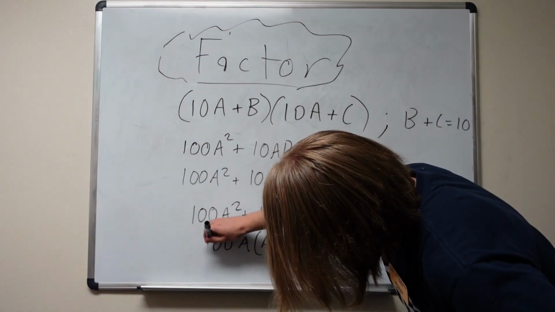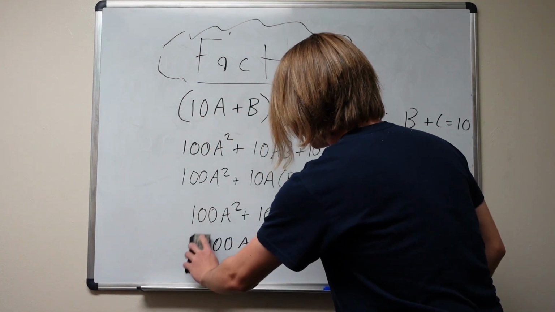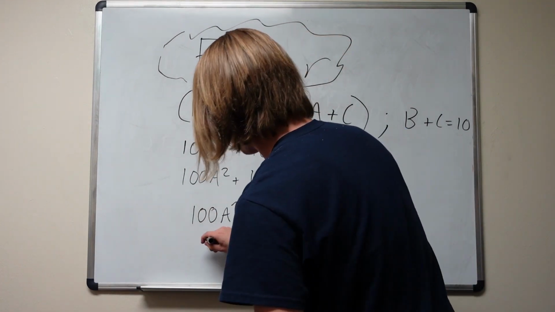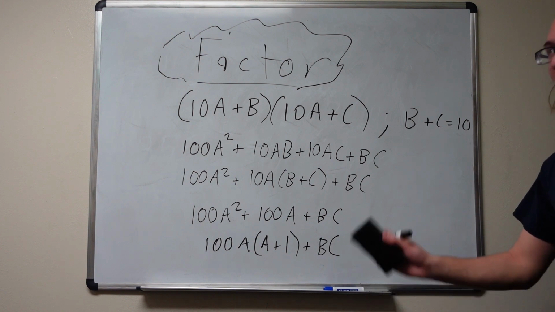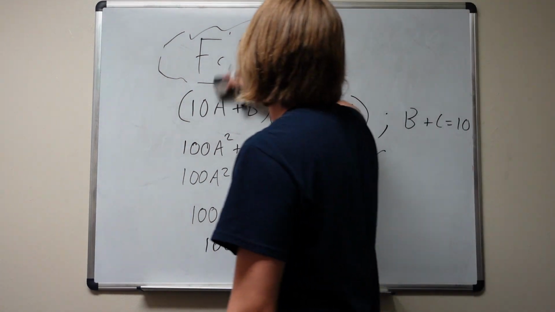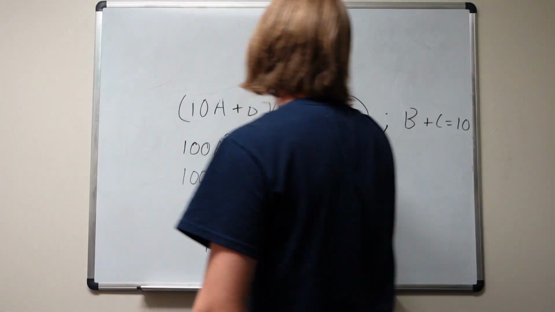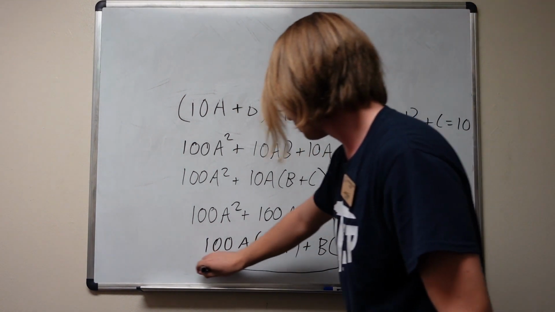And right now that looks like nothing and has no purpose to us until we actually have a problem that follows these conditions. So I'm going to erase the secret word. The secret word is factor. And I'll erase my work up to this thing at the bottom.